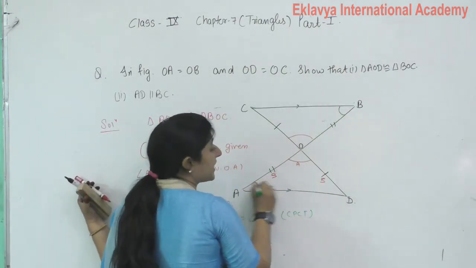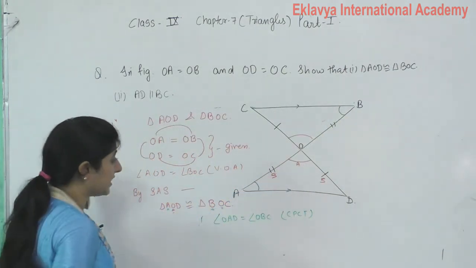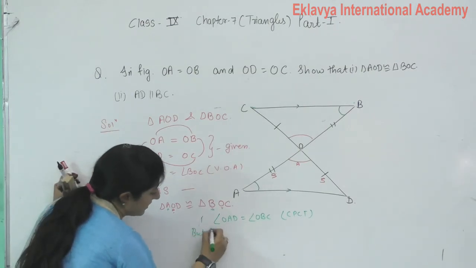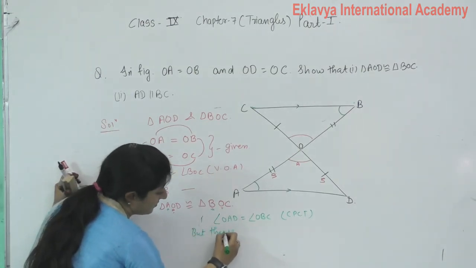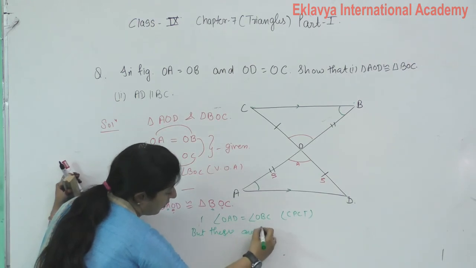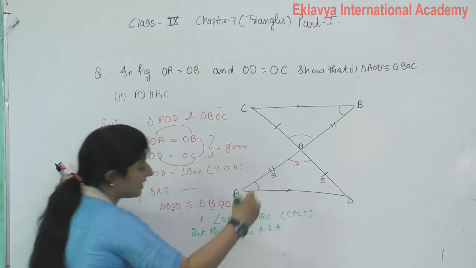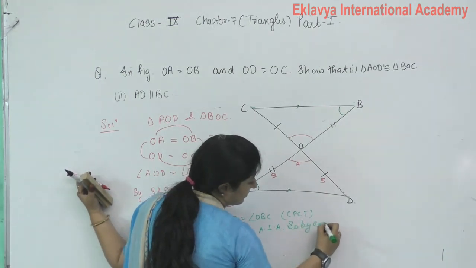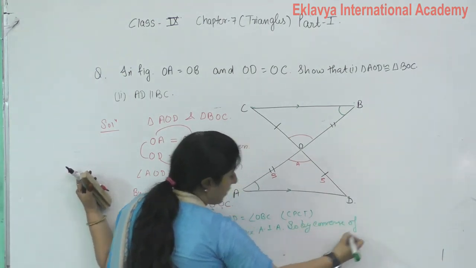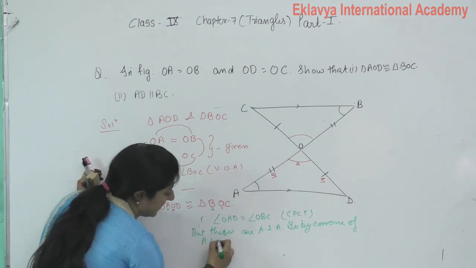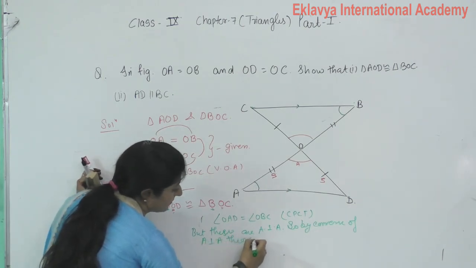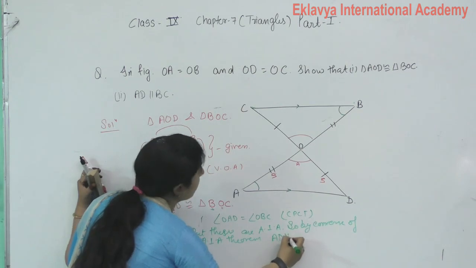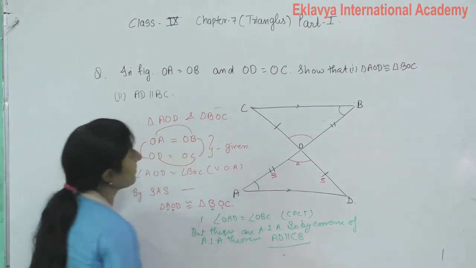These are alternate interior angles. So we can write, but these are alternate interior angles. So by the converse of the alternate interior angle theorem, AD is parallel to CB, or BC.